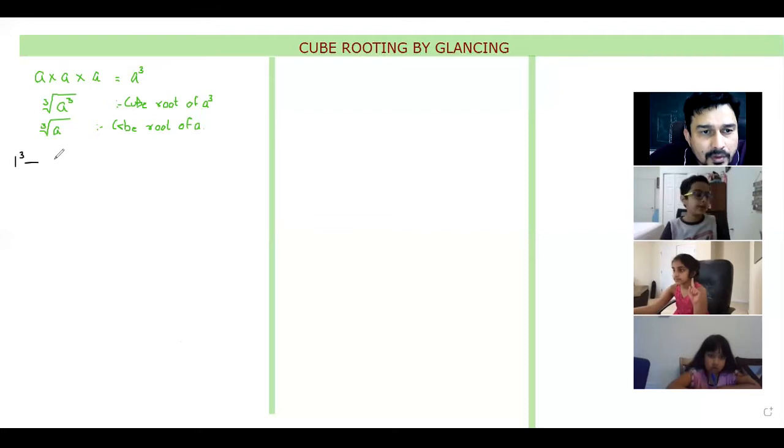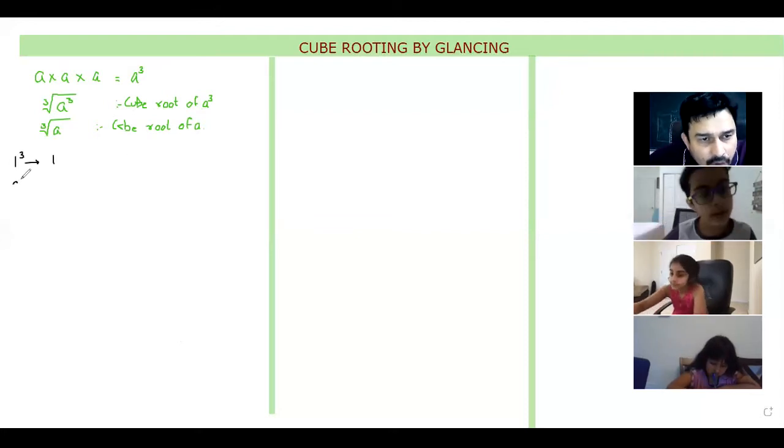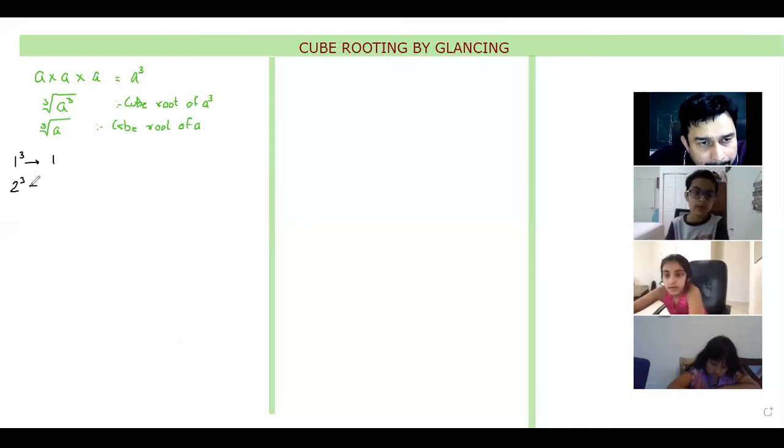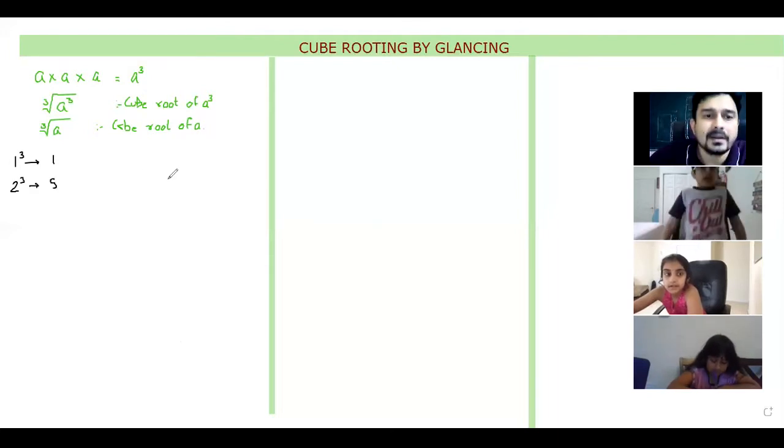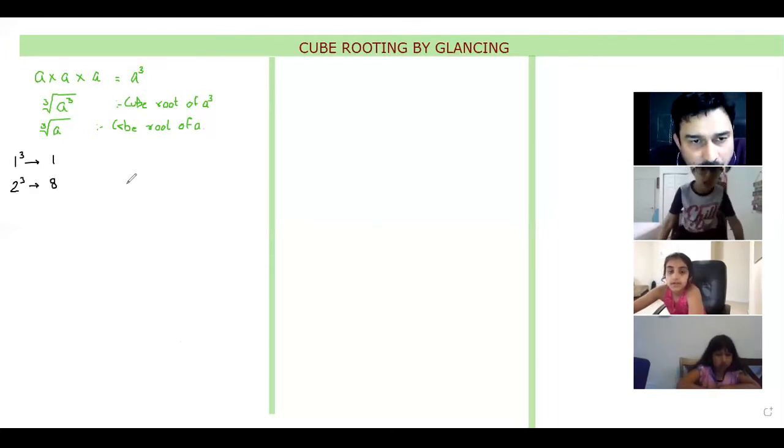So what is 1 cube? 1 cube is 1. And what is 2 cube? 2 times 2 times 2 is 8. So what is the cube root of 8? 2.